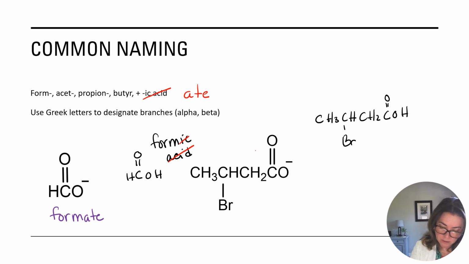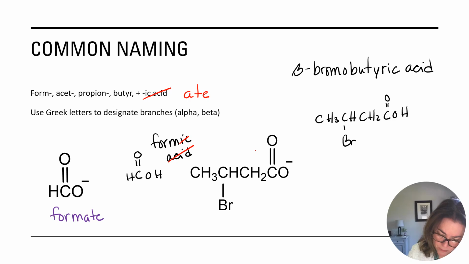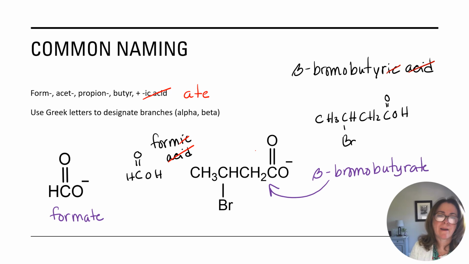So initially, this was beta-bromobutyric acid, and again we are going to drop the ic acid, so this becomes beta-bromobutyrate for our carboxylate.